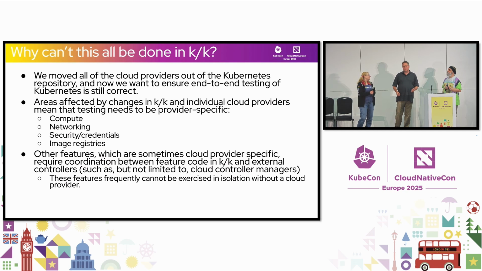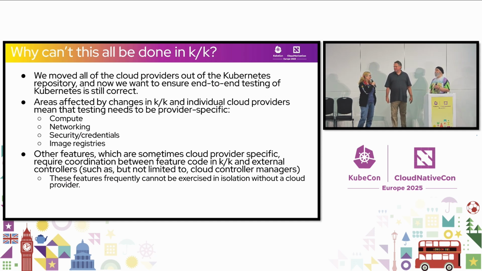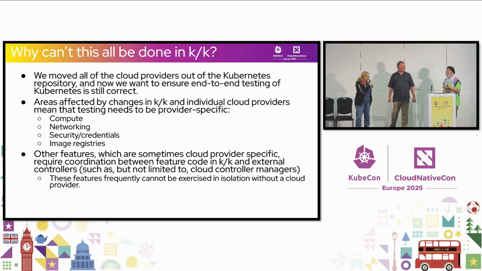Does it do HTTP Connect? Does it use gRPC? Each of these are very cloud provider specific and are based on things that don't exist inside of KK. And it sounds like Walter is describing a giant, complex, exponential complexity test matrix that sounds suddenly almost unapproachable. Like, how are we going to solve this?